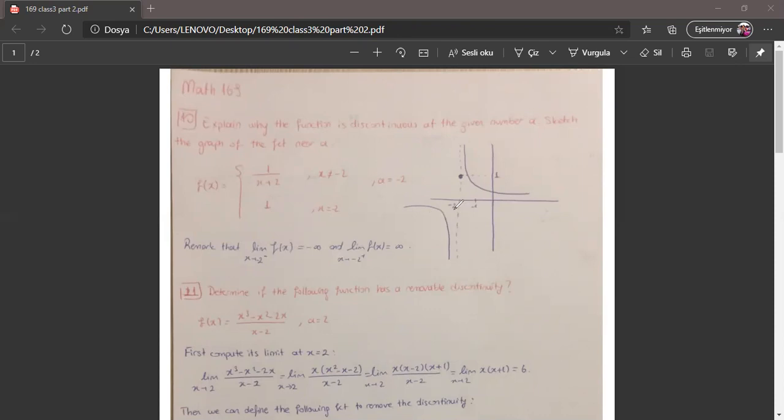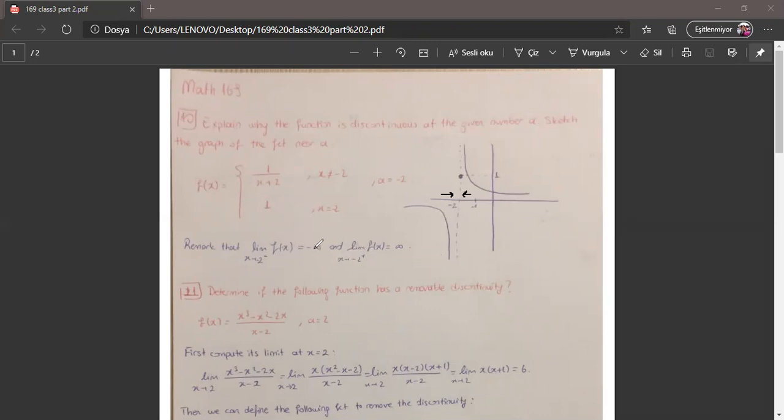Here we see that when we're approaching minus 2 from the left, we get minus infinity, right? And when we're approaching from the right, we get plus infinity. They are not equal. Actually, the limit does not exist.